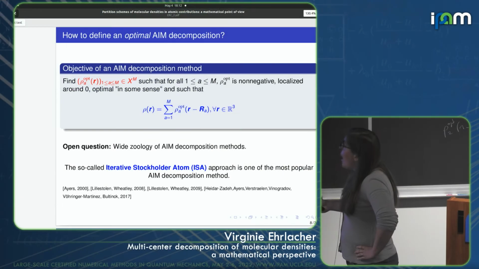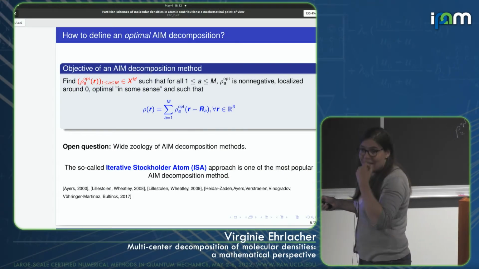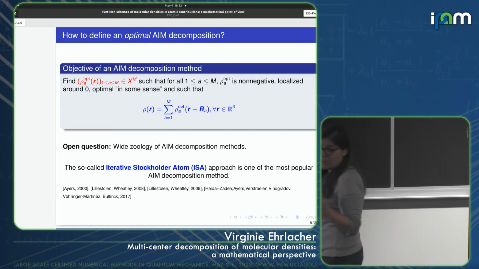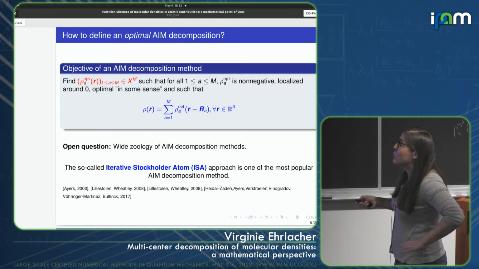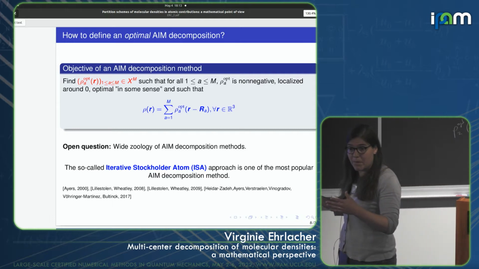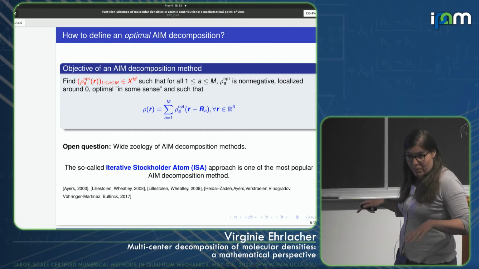And how to define, as I told you right before, what is a good optimality criterion is not very clear. And so this gives rise to a wide zoology of AIM decomposition methods depending on the optimality criterion that people consider.